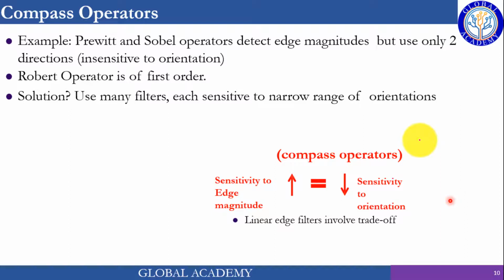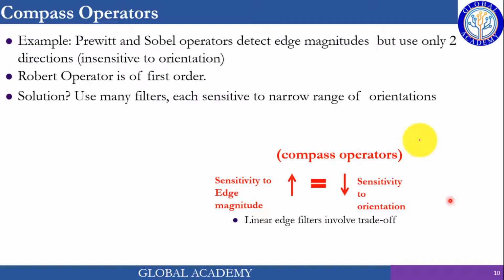Compass operators. So Prewitt and Sobel operators detect edges along the x-axis or y-axis, I mean horizontally or vertically, whereas the Roberts operator is like a first order derivative, or I mean it cannot provide results like a second order derivative.